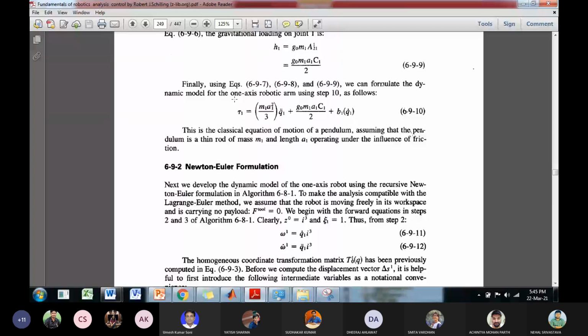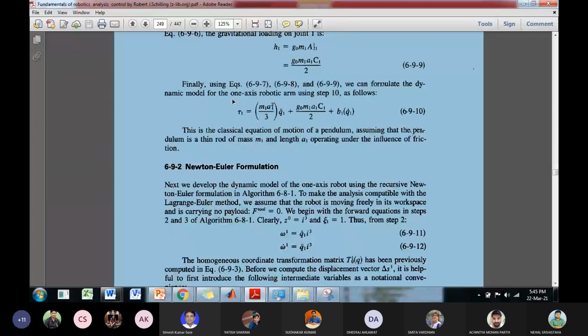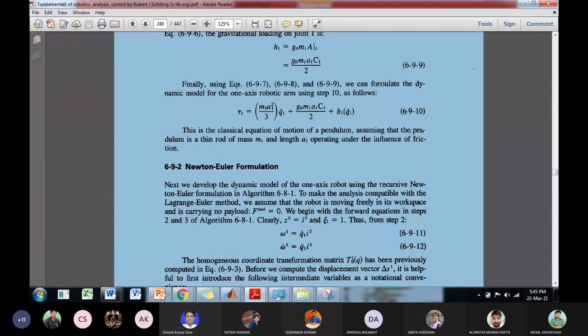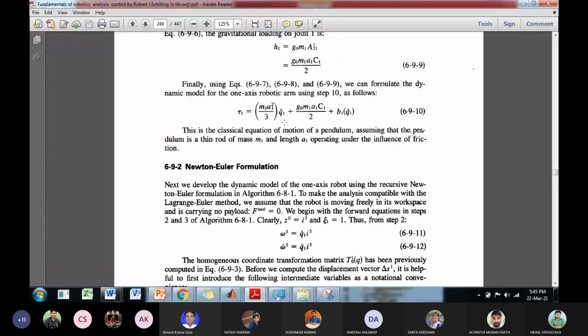Now solve this equation. Okay, this is the differential equation. By solving this equation, you will get the value of q1. Okay, that is the function of time. If you solve this equation, you will get the time based function of q1. Clear? So what is this problem? This is the solution of a differential equation, that is the direct dynamics problem.